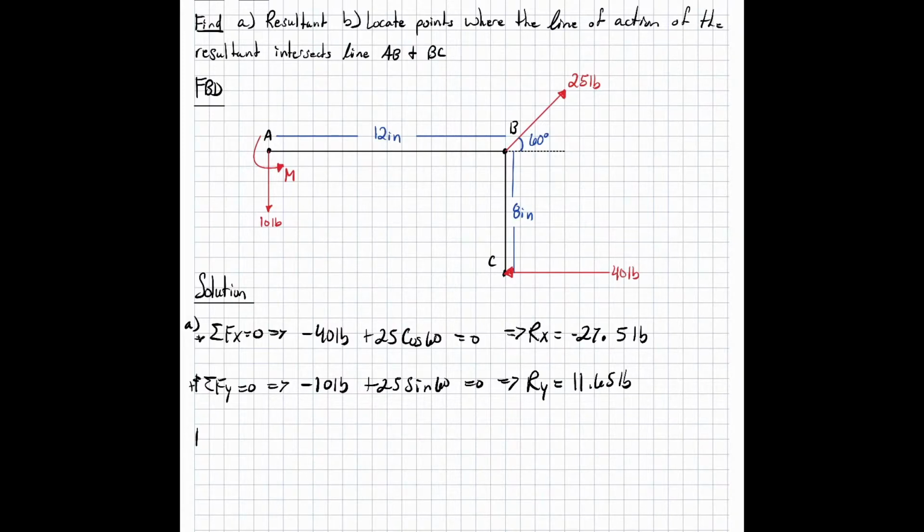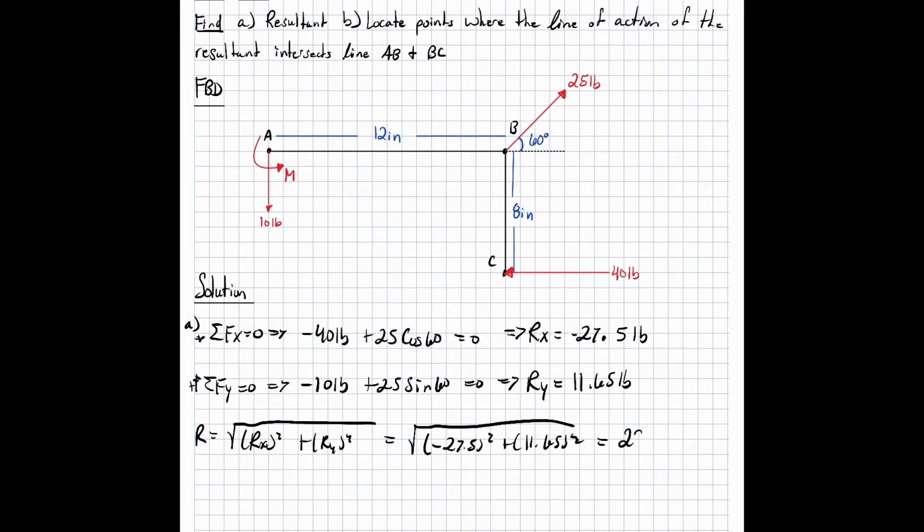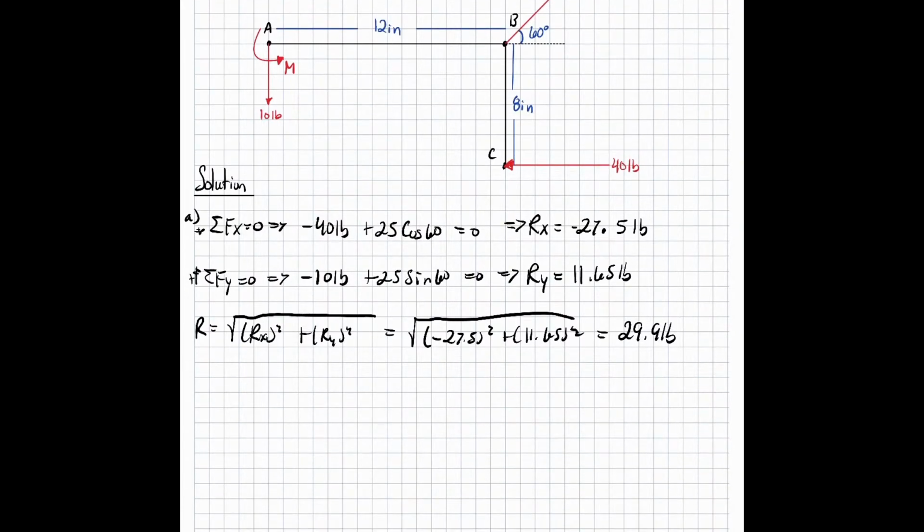Okay, now we can find the resultant as the square root of Rx squared plus Ry squared. We get negative 27.5 squared plus 11.65 squared to be 29.9 pounds. Now we need to find the angle it's going to be going at.